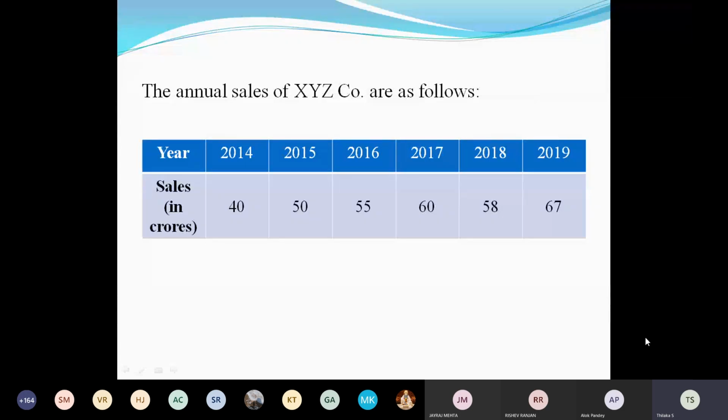If it is even years, the difference between the average of the mid-years and the given years has to be calculated. For odd years, the midpoint gets 0, and above we have negative numbers, minus 1, minus 2, minus 3, minus 4, and below we have positive numbers like 1, 2, 3, 4.